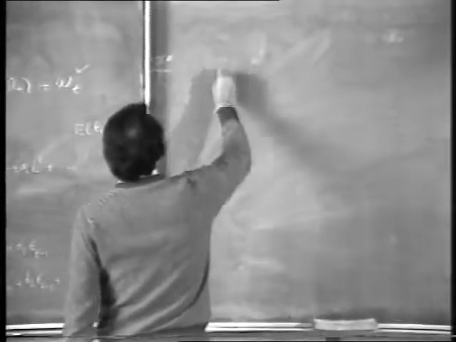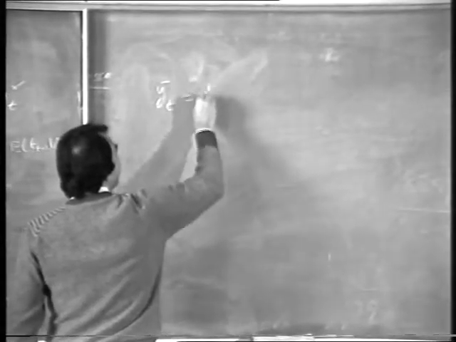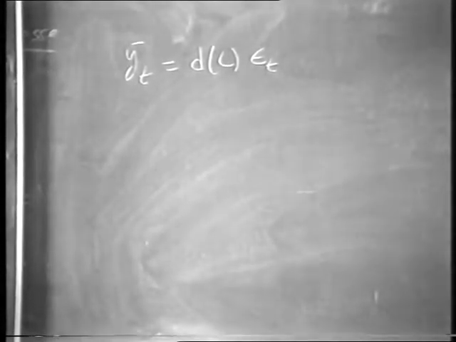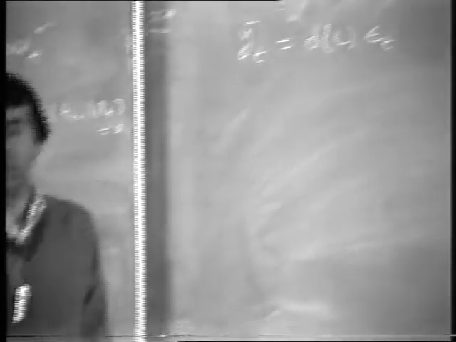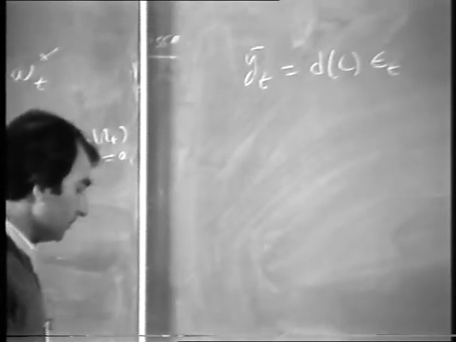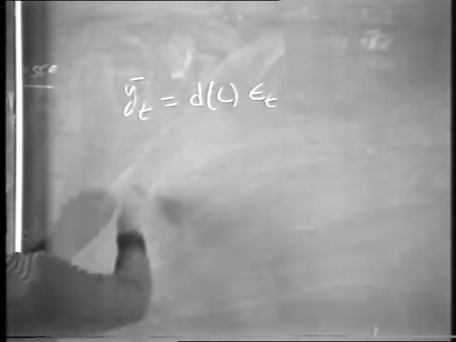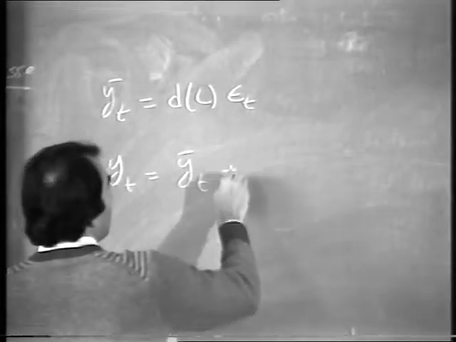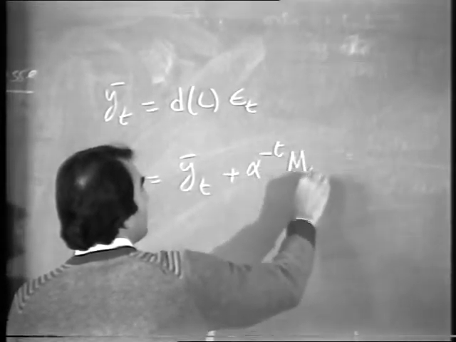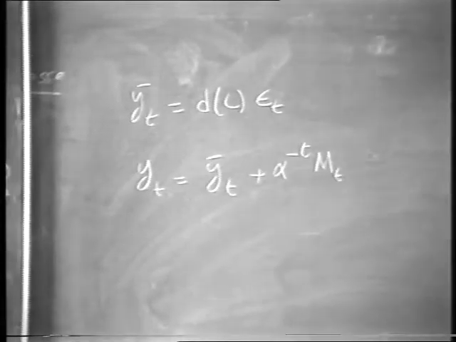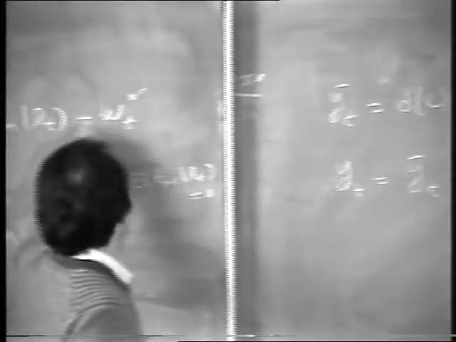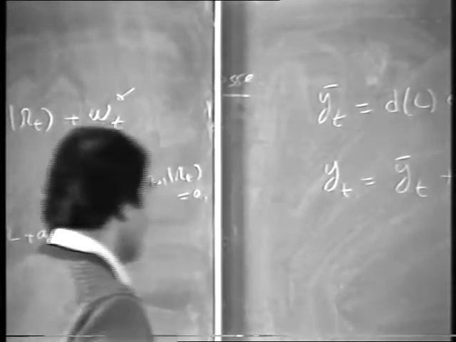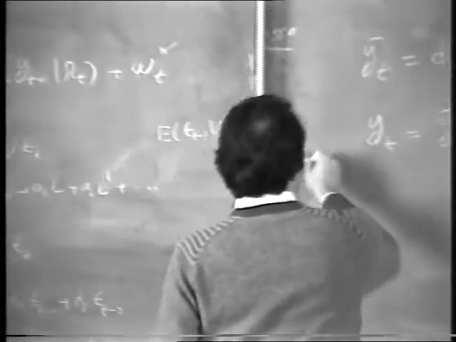In other words, let's call Yt bar being d(L) epsilon t, with d(L) being the value which we just calculated in terms of A(L). Suppose Yt bar is that. What I will do now is demonstrate that Yt equal to Yt bar plus alpha to the minus t times mt, where mt is a martingale, is also a solution of this equation system. Okay, a proof would be like this.